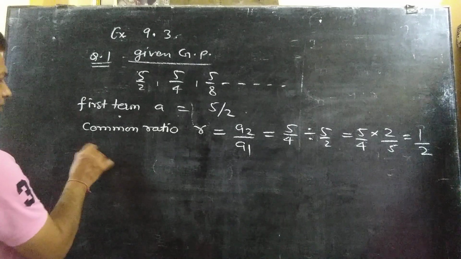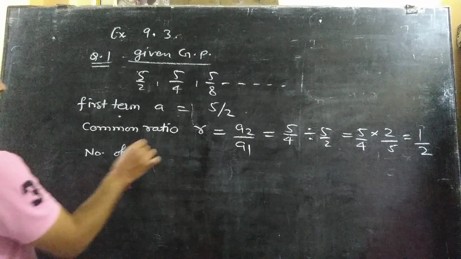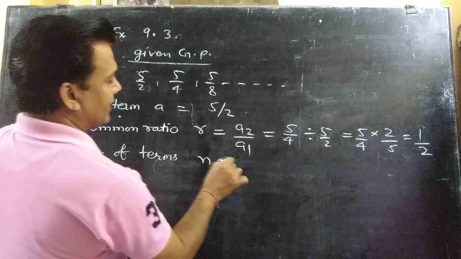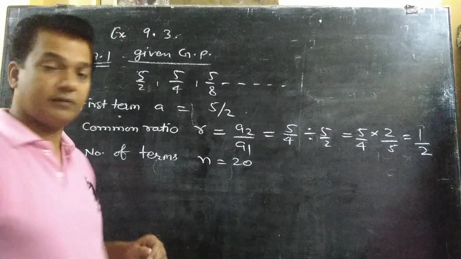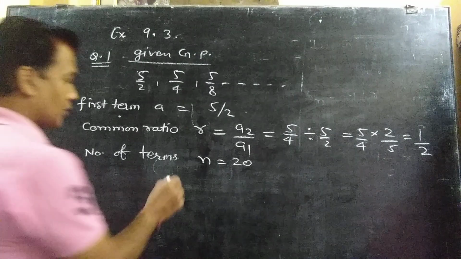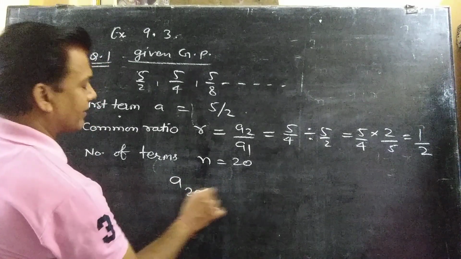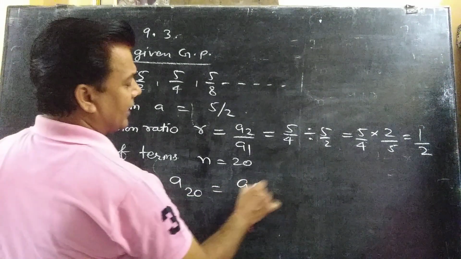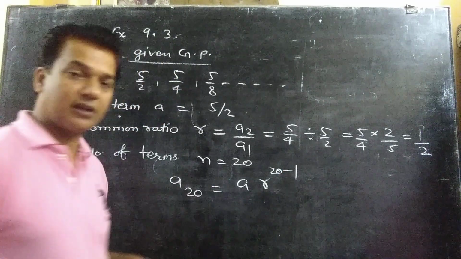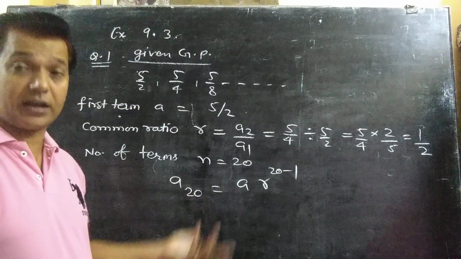Now the number of terms n is 20 here. We have to find out the 20th term. So a20 is given by a r raised to n minus 1, यानी 20 minus 1. Now substitute the value of a and r here.